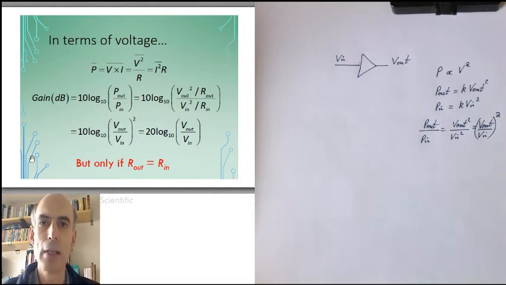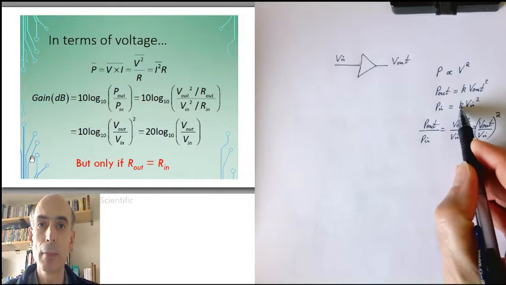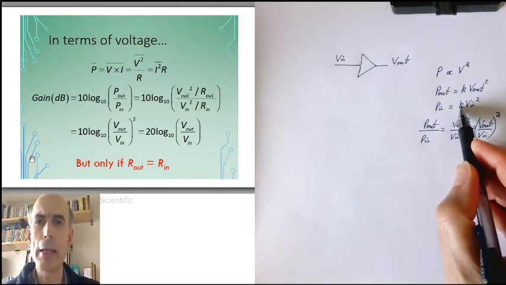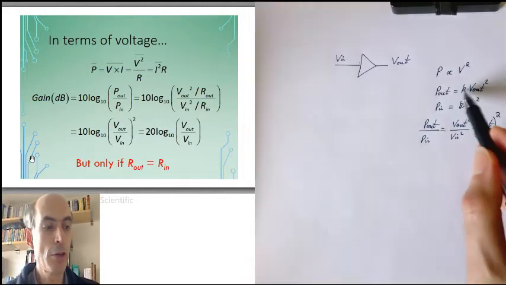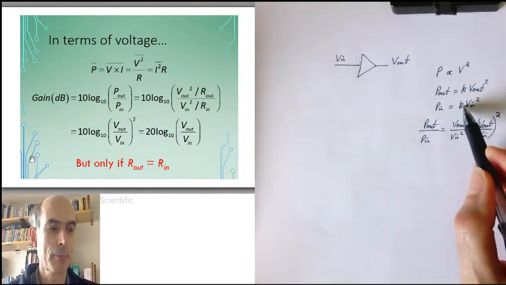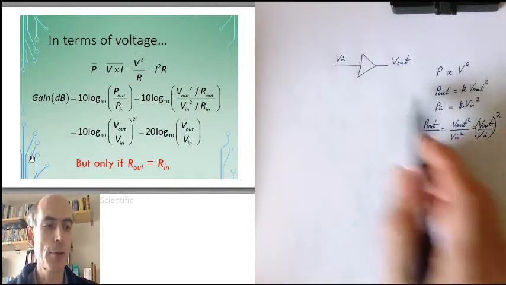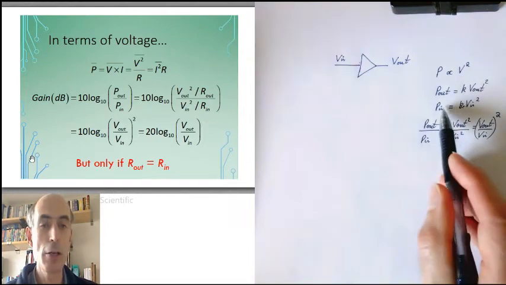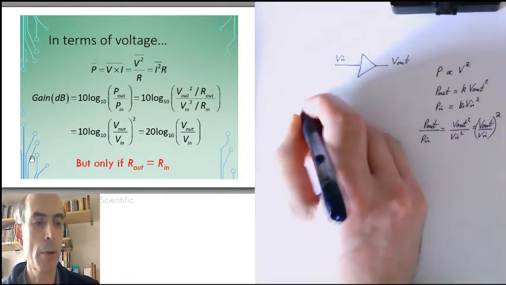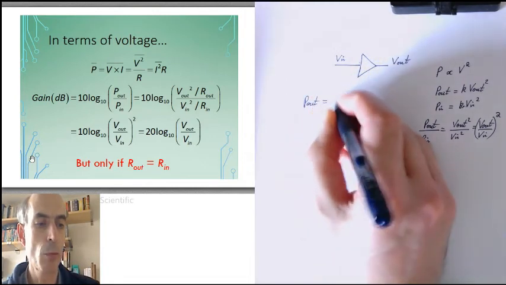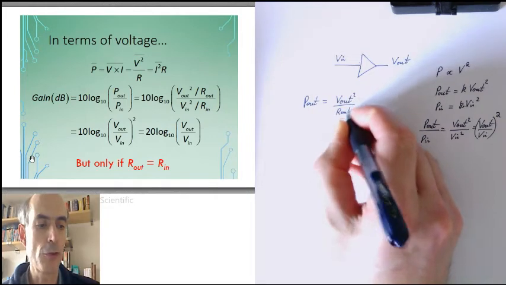Except, this is only true if these two constants are the same. And there's no particular reason why they should be. And indeed, there are quite a lot of exceptions where these two constants are not the same. If you can identify the output power as the power across a resistor and the input power as the power across a resistor, then the output power is actually equal to the output voltage squared divided by the output resistance.